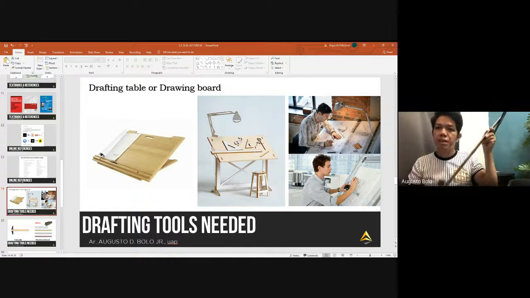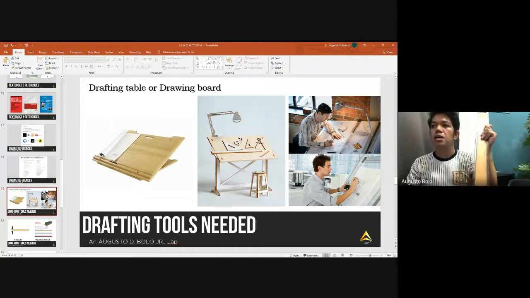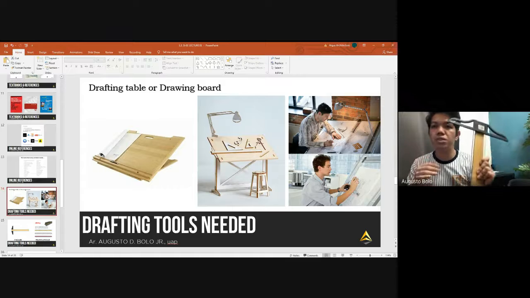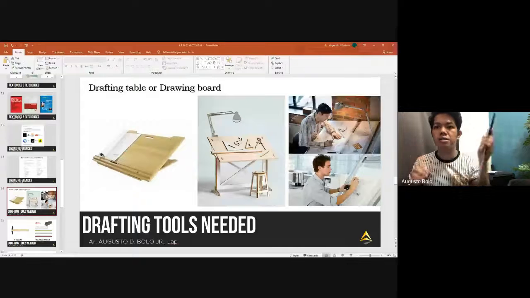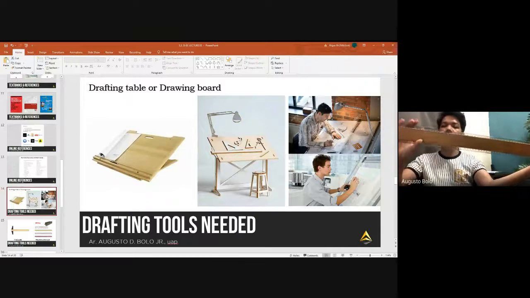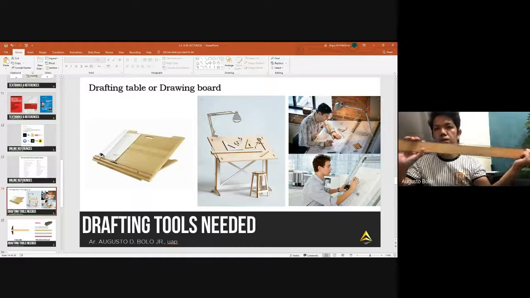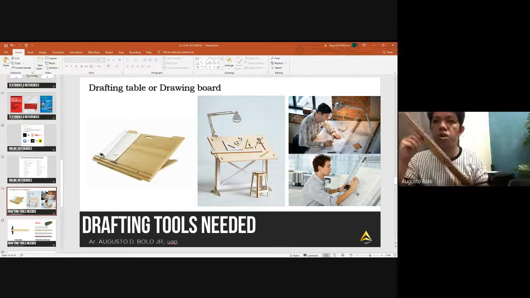So, might as well you have to buy like this one. Kung meron kayong kakilalang RK na graduate na mahihiraman nyo, na pinsan nyo, you can use or lend, ask to have it on your own. Importante siya. So, T-square. Kung paano gamitin, we will be discovering later on.